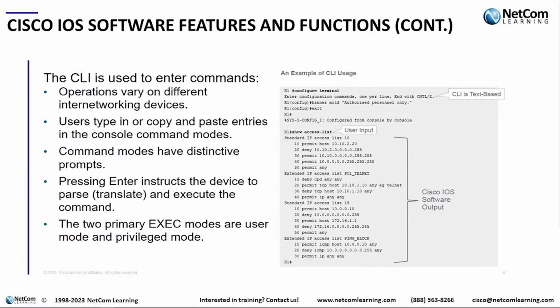It's configured through the IOS, which actively monitors all of the traffic that passes through it and allows or denies that traffic based on the configuration rules. For example, if the IOS receives traffic from a host that is blocked in the ACL, the IOS discards that traffic immediately. Or if the IOS receives traffic from a host that is allowed through the access list, then the IOS processes that traffic and forwards it to the destination.